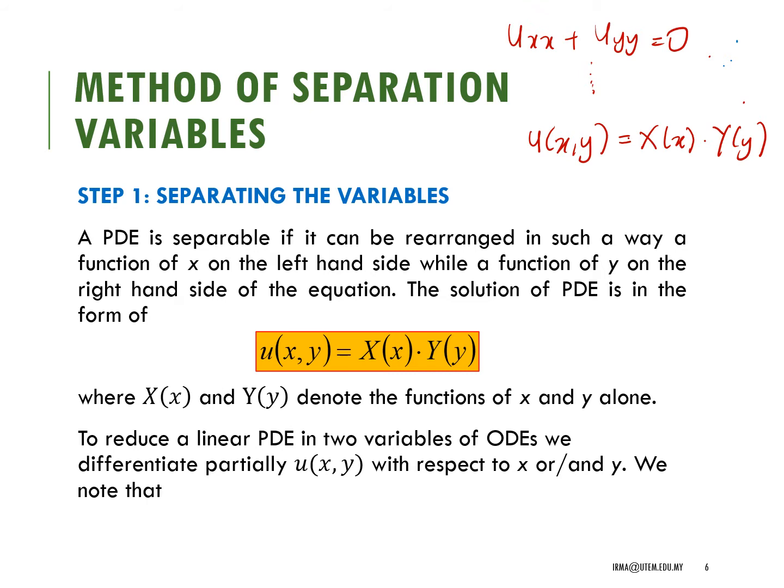From that ODE you can have the solution of the ODE where you will get X and also Y, and then you need to combine them to get the solution of u(x,y).